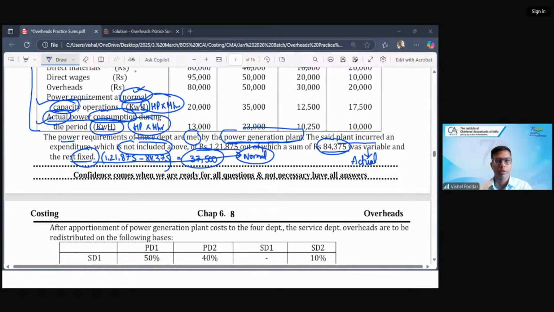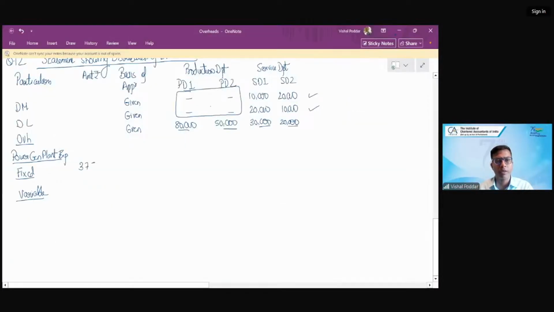So fixed amount is 37,500. Basis is normal KWH. And variable is 121,875. Basis is actual KWH. Correct, students?